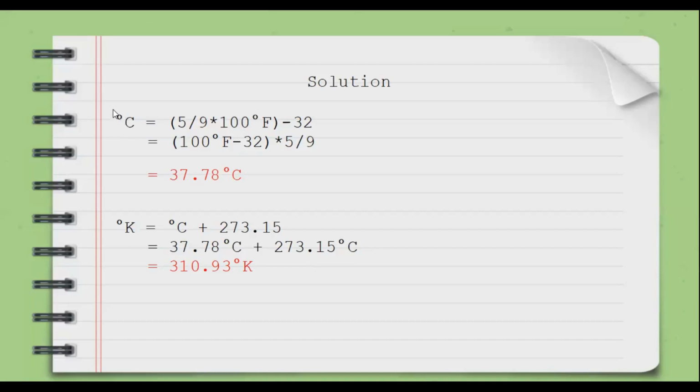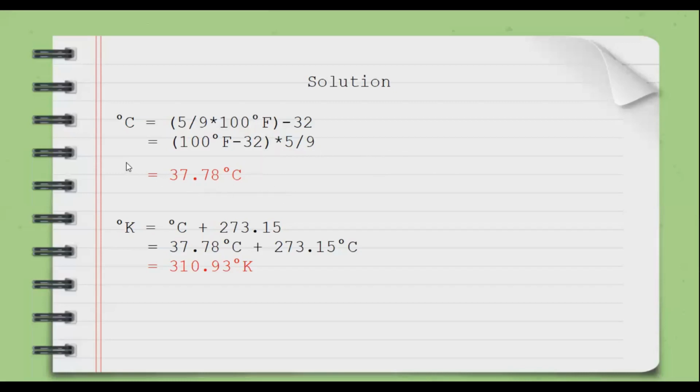So by using again our formula, degrees C is equal to 5/9 times 100 degrees F minus 32. Regrouping, you have to subtract 100 minus 32, then multiply it by 5/9. So 100 minus 32 is 68, times 0.55 will give you 37.78 degrees Celsius.